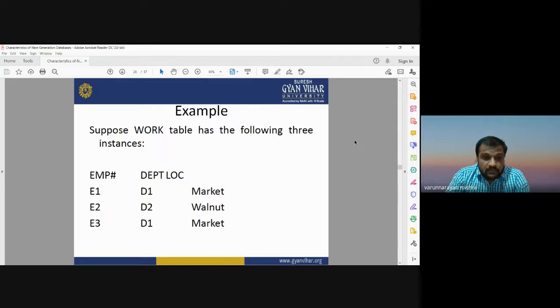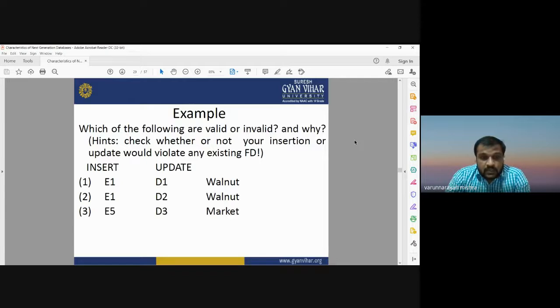Suppose we have a table named Work with the following three instances: employee number E1, E2, E3, department D1, D2, D1, and the location Market, Walnut, and Market. On the basis of that example, which of the following are valid, which are invalid, and what is the reason for the validity or invalidity of each option.